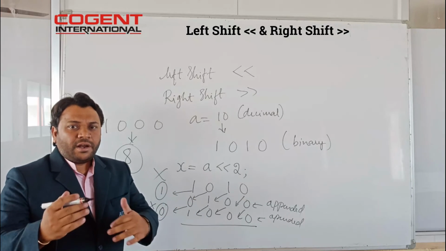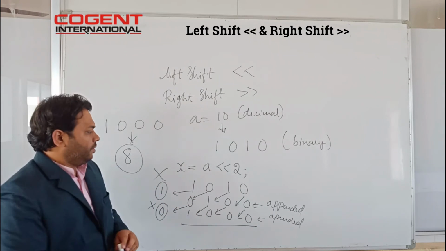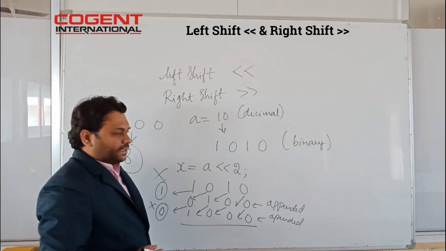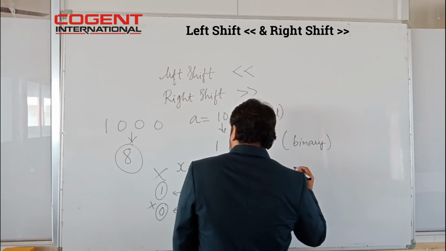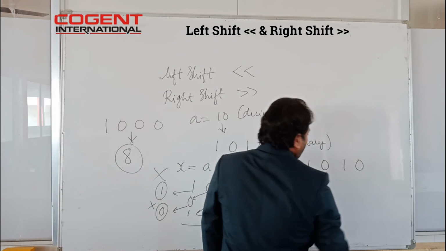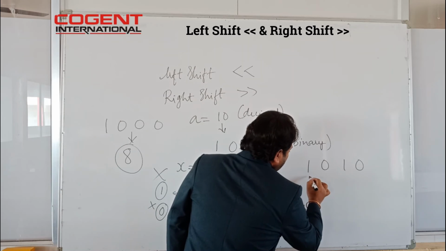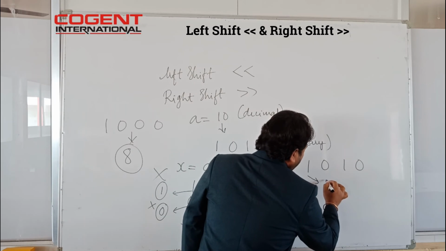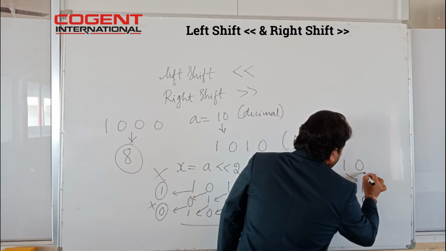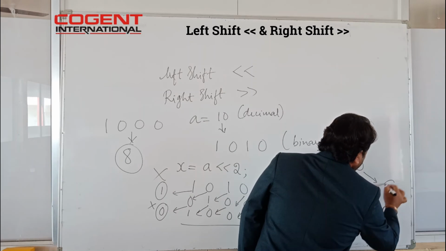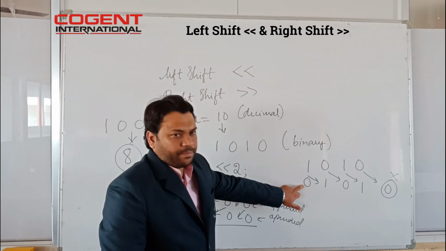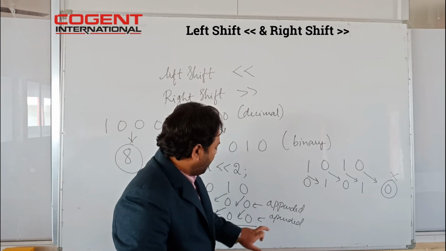Now you will understand the right shift. The same number I will take and perform the right shift. A is equal to 10, that is 1 0 1 0. Right shift means each bit moves one position to the right, the rightmost 0 will be discarded, and a 0 will be appended at the leftmost bit. This is the leftmost and this is the rightmost.